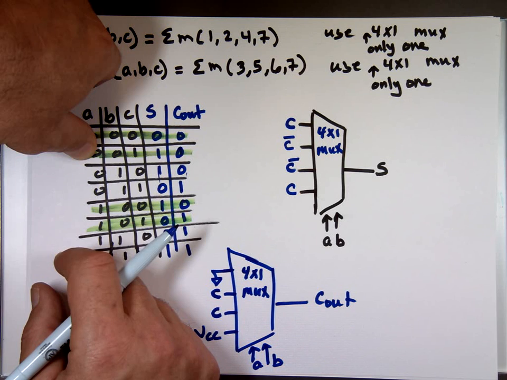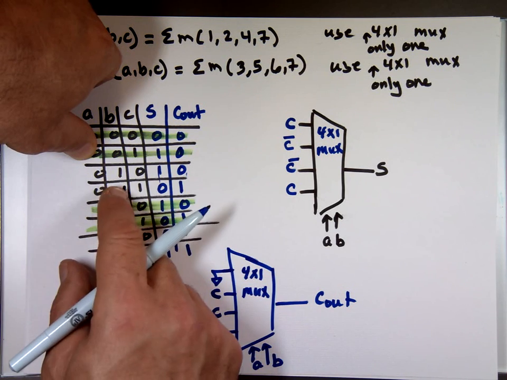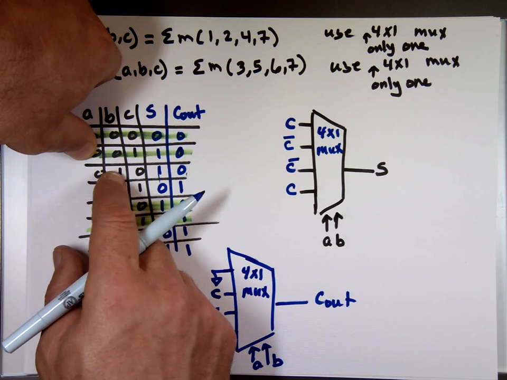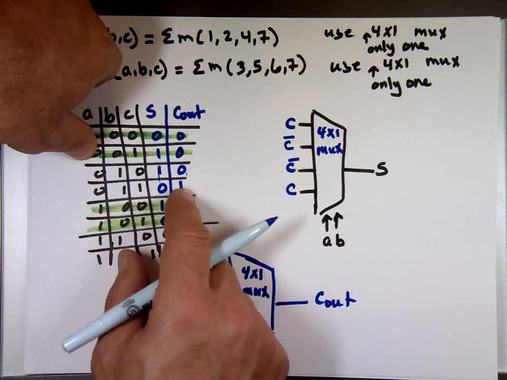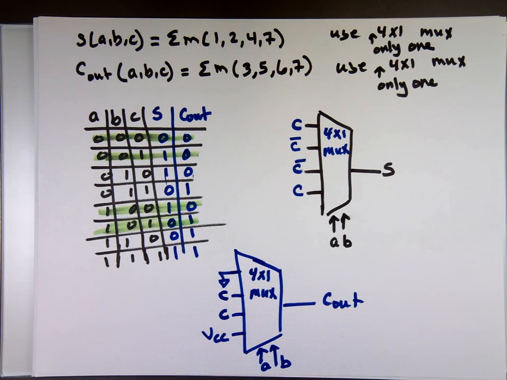When B is 1, I got a 0, and when B is 1, I got a 1. So it doesn't matter. It's easier, instead of bouncing back and forth, to pick two adjacent variables.